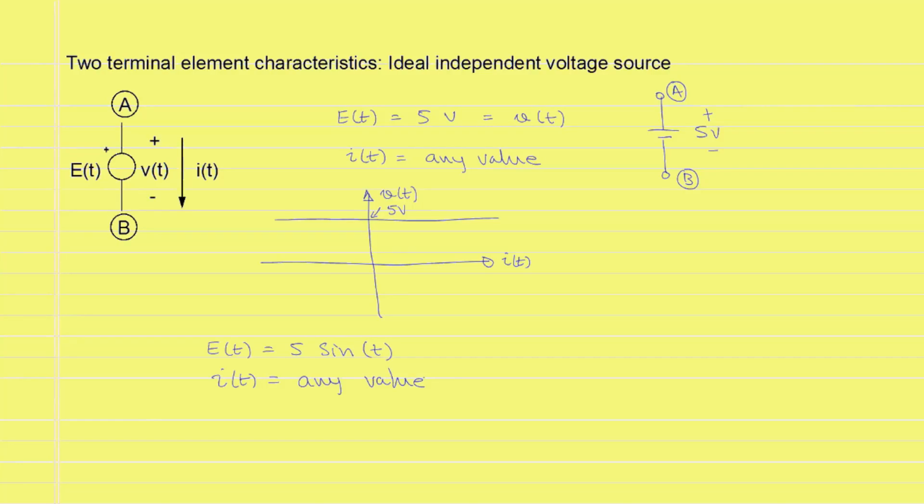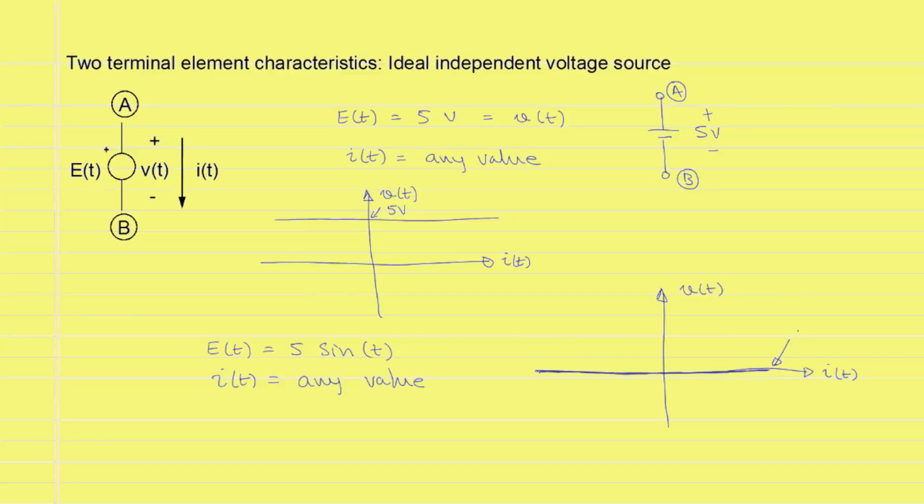Since the source changes with time, the horizontal line or the characteristic that represents the source will also change with time. Once again, if we plot I of t on the x-axis and the voltage on the y-axis, then at t is equal to 0, the source will be a horizontal line which coincides with the x-axis.